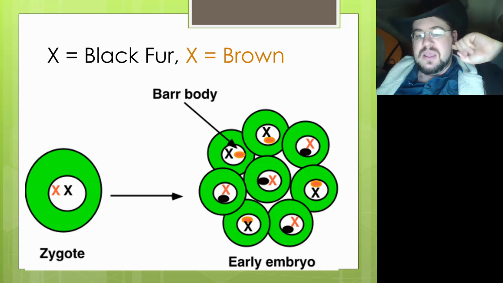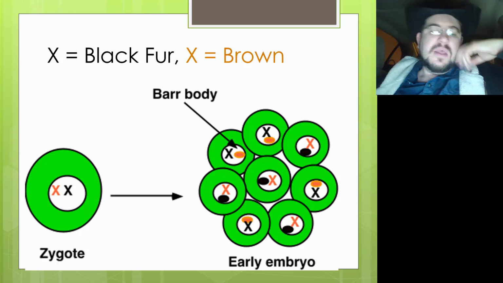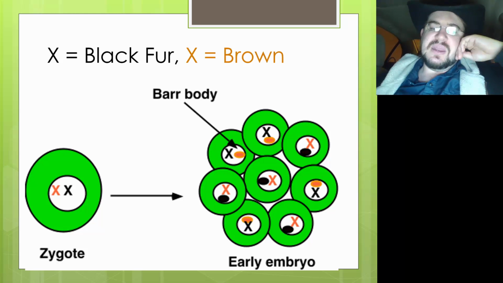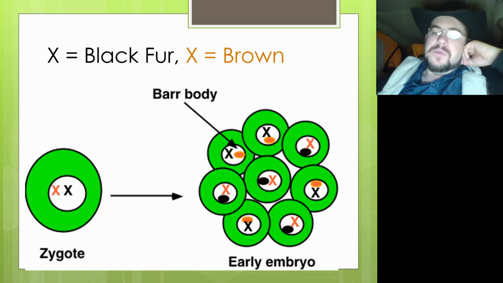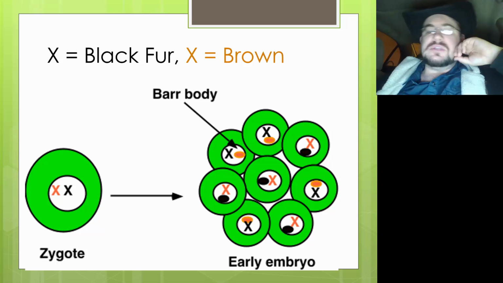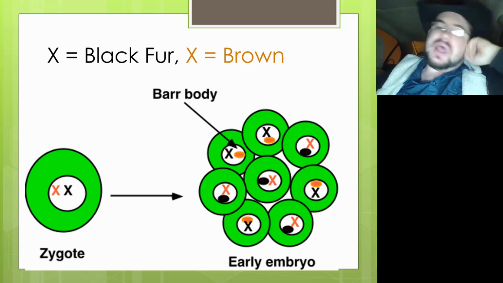So we can see in some of them, the brown fur allele gene is inactivated. The brown fur X chromosome is inactivated. And in others, the black fur X chromosome is inactivated. I have it as a nice solid dot. So eventually, those differentiated cell lines will go on to produce skin.